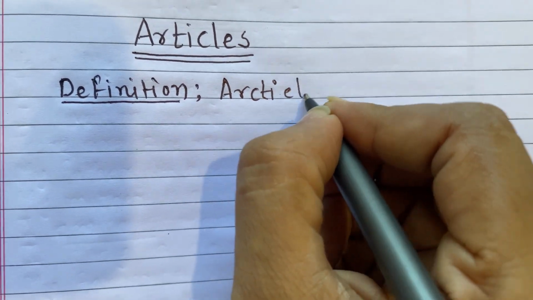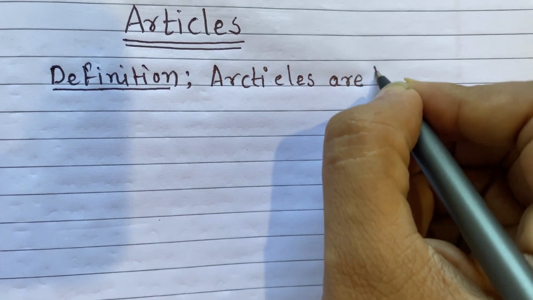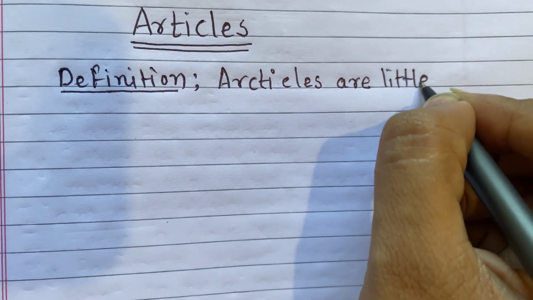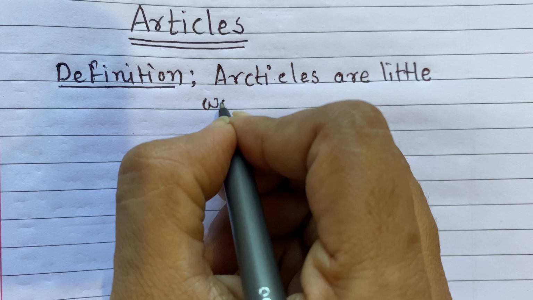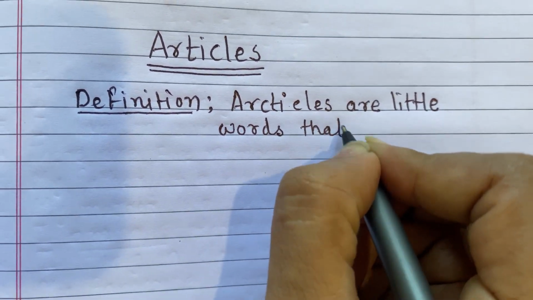Articles are little words that come before nouns.